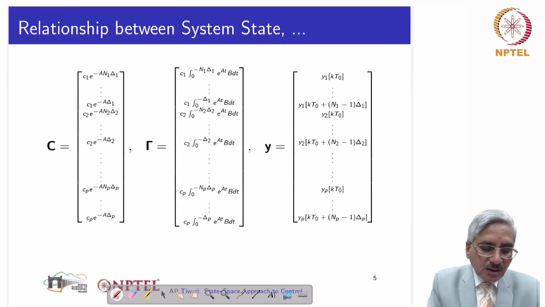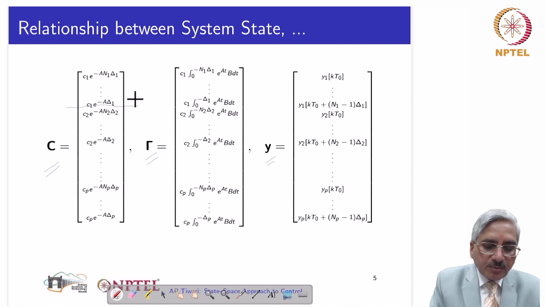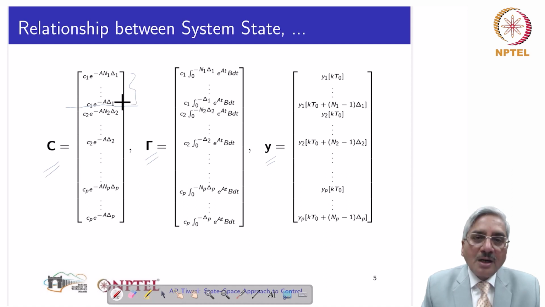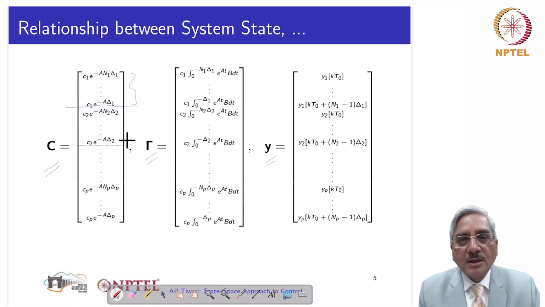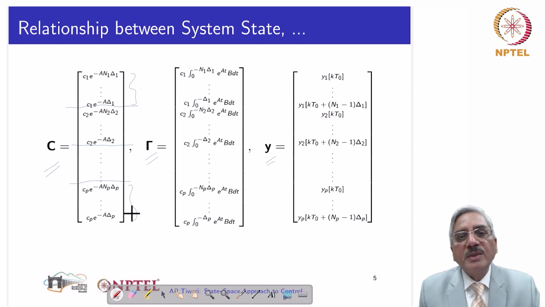And we saw these expressions for the matrices bold C, bold gamma, and bold y. Recall, this part is N1 rows corresponding to the sampling of output 1. This part is N2 rows corresponding to the sampling of output 2, and this last one is the part corresponding to the Np samples of the pth output.